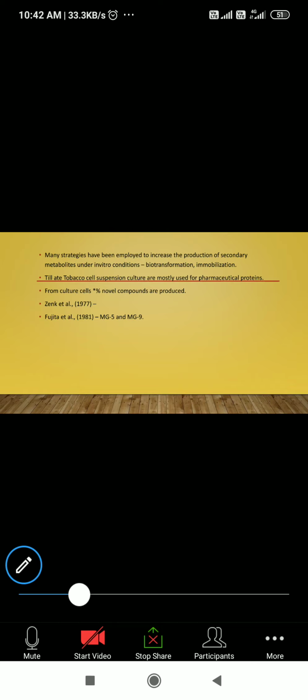The tobacco plant was the only plant where we have carried out many different experiments. Nowadays, we can use the cell line of soybean, tomato, or rice for the production of pharmaceutical proteins.